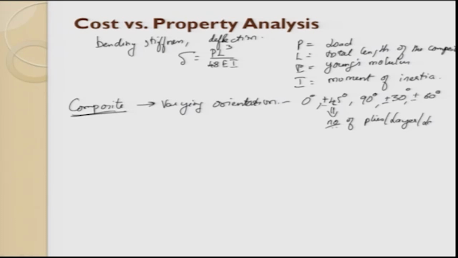What is a layer? Number of laminae. So let us assume there is a composite which is made out of plus minus 45 degrees, and then we use 12 layers for construction.